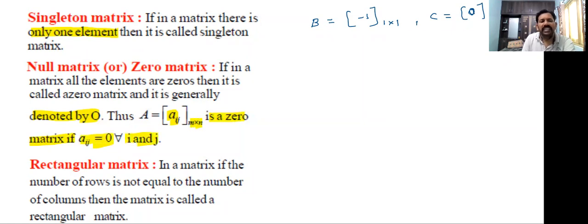That means each and every element in the matrix is 0. Now see, students, 0 0 0 0 0 0 0 0 0 0 0 0. Each and every element is 0, so we say null matrix.